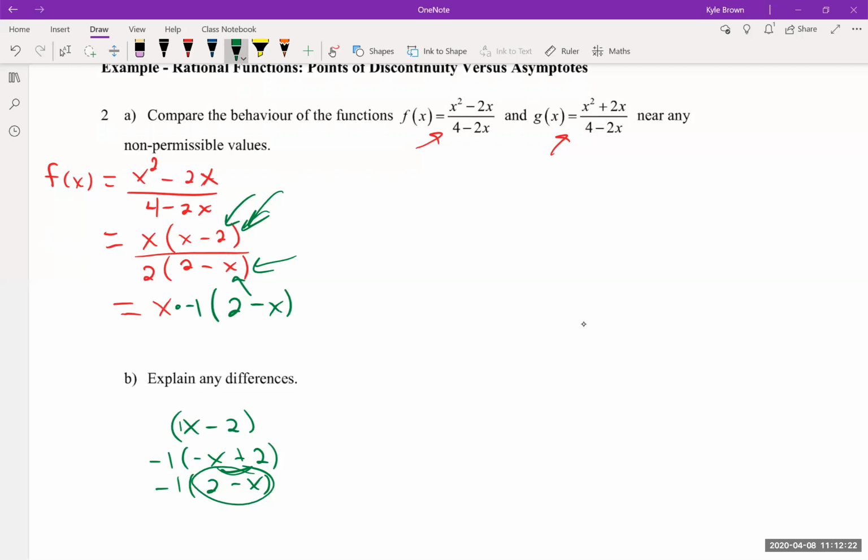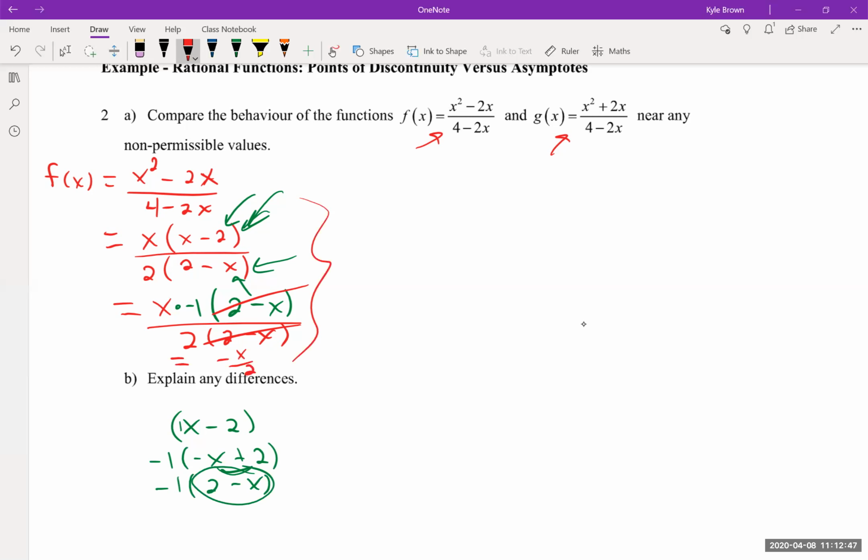Just factoring that negative out of there. Over, and then we've got 2 times 2 minus x. So now those guys can cancel, right? And then just cleaning that up, that would all end up being the same thing as just -x over 2. You don't have to write that all out the way I did. I was just trying to show you so you can see it more clearly.